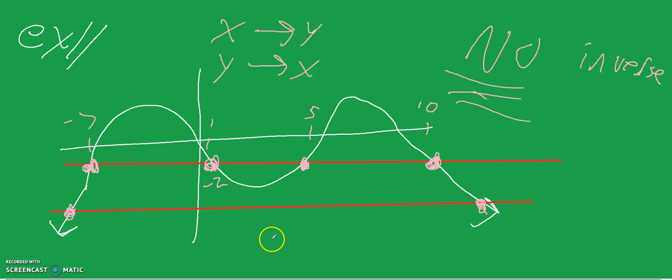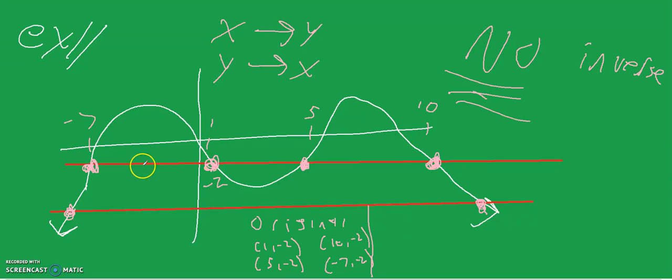So all the ordered pairs of my original function are going to be 1, -2, 5, -2, 10, -2, and -7, -2. So these are the points in my original function.